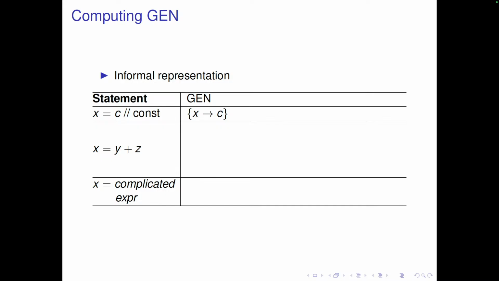And what will you kill? Basically any other mapping of x. So here you will say, sorry, not just constant, you will say x is a constant c. And any other mapping, x is a constant 5, x is a constant 27, that will get killed. Even x is not a constant will get killed. Before it, x could not be a constant, it might have multiple values, but after this statement, you are very sure x is a constant. Okay.